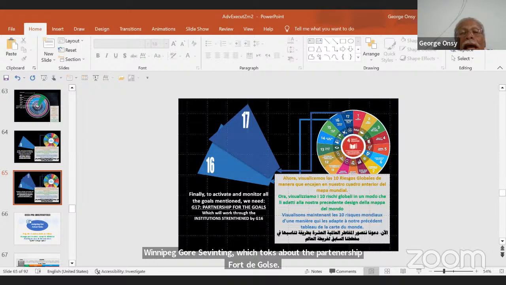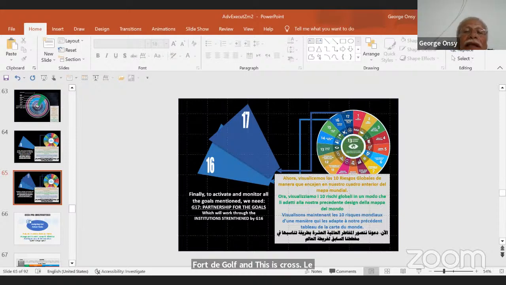This is closely related to number 16, because number 17 will monitor and activate the institutions already mentioned in number 16, which aims at creating strong institutions. So they are closely related.